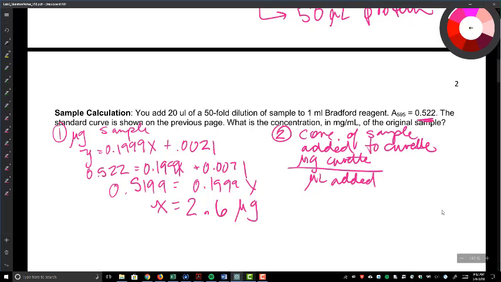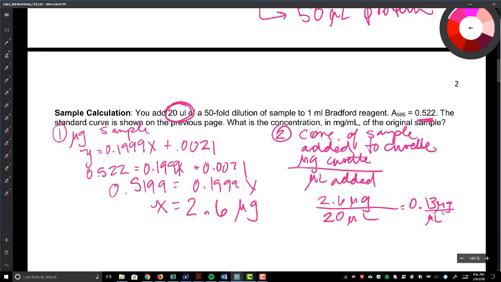So what we do here then is we say, okay, we have 2.6 micrograms of protein, and we added 20 microliters of our 50-fold dilution sample to the cuvette. So we divide that by 20 microliters, and that would give us 0.13 micrograms per microliter.